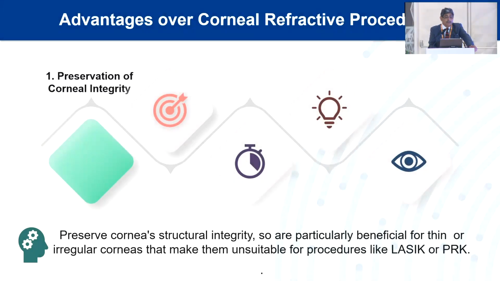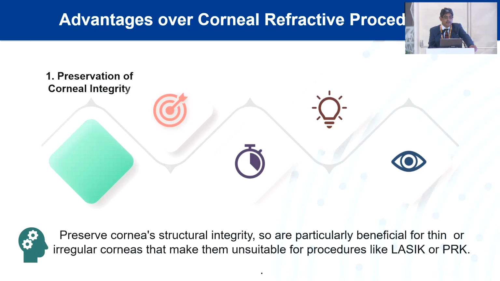So the advantage over the corneal refractive procedure is that it preserves the corneal integrity. So we can do it on patients who have thin cornea or irregular cornea, or due to some reason have chances of ectasia post-operatively.